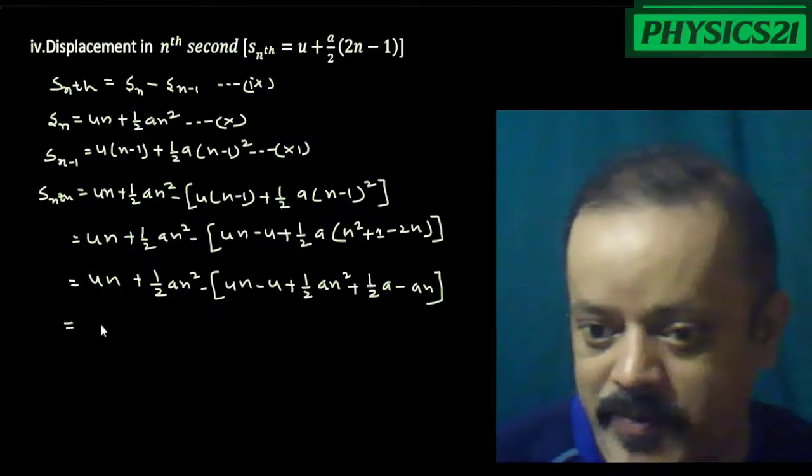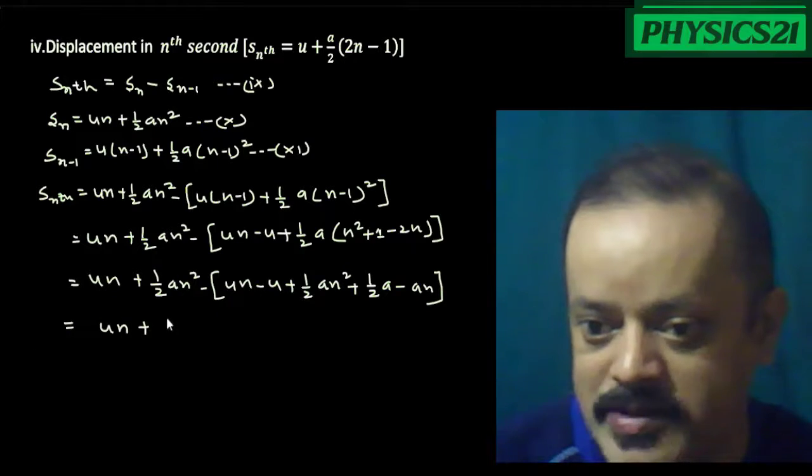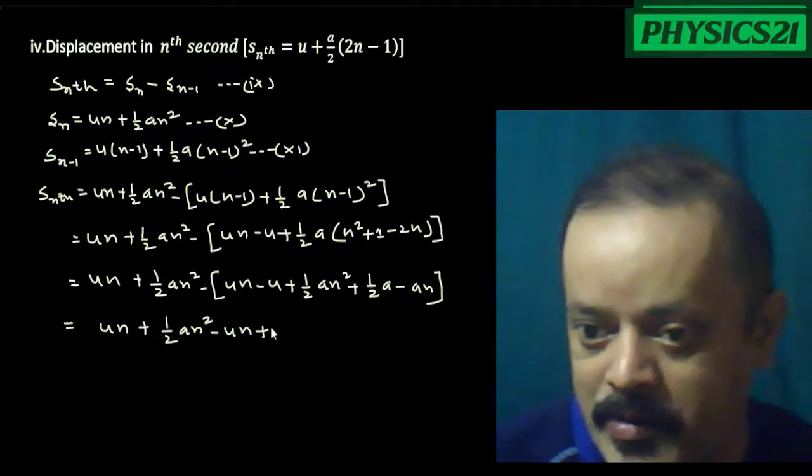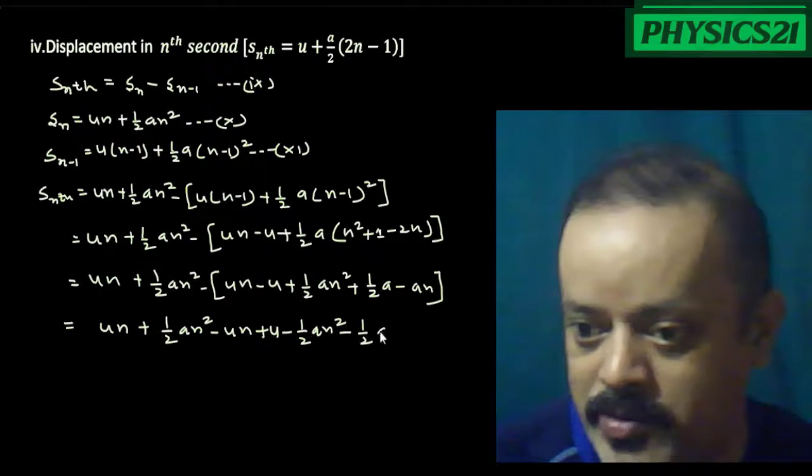Now further simplify: un plus 1 by 2 an square, open the bracket, so minus un will be there, plus u minus 1 by 2 an square minus 1 by 2 a and plus an.